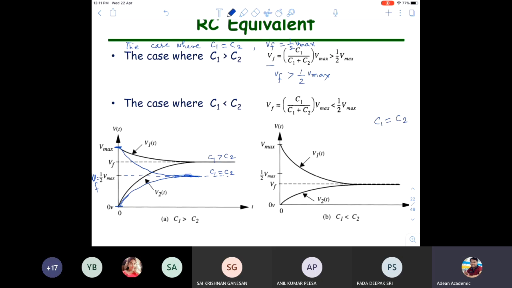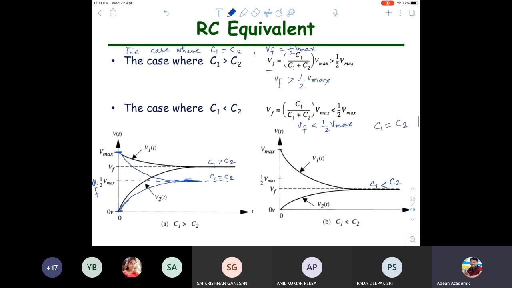When C1 is less than C2, then Vf is less than half Vmax. So the value of Vf will be different, but both will have the same Vf. V1 will come to Vf, V2 will come to Vf.